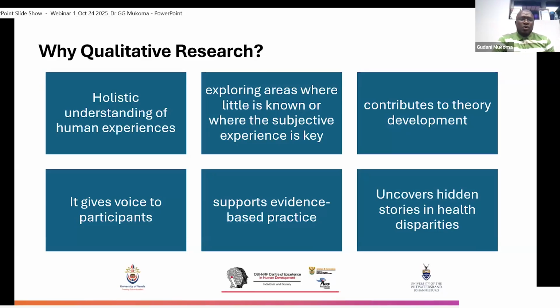And we also use it to uncover hidden stories in health disparities. And this is quite important because there could be other issues that we do not necessarily understand. For example, during the COVID-19 pandemic, the many stories or the many myths that came with COVID, that they're trying to reduce the population level, they are trying to control people, and so many other issues, hindered people from actually going to vaccinate and giving themselves a much better chance of protecting themselves against the COVID-19 virus.